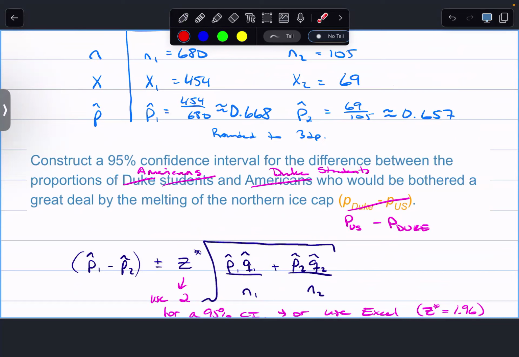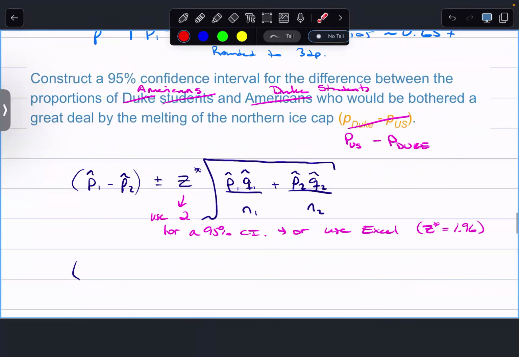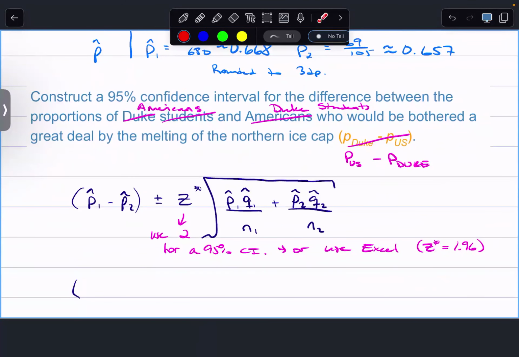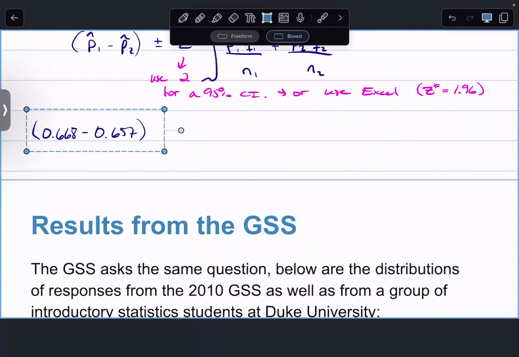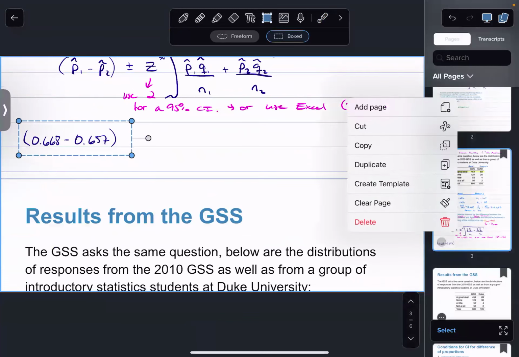And so I'm going to figure out what my confidence interval is first, and then I'll remember that it's for the difference in the proportions. So here we go, 0.668 minus 0.657. And I think I'm going to need more room.